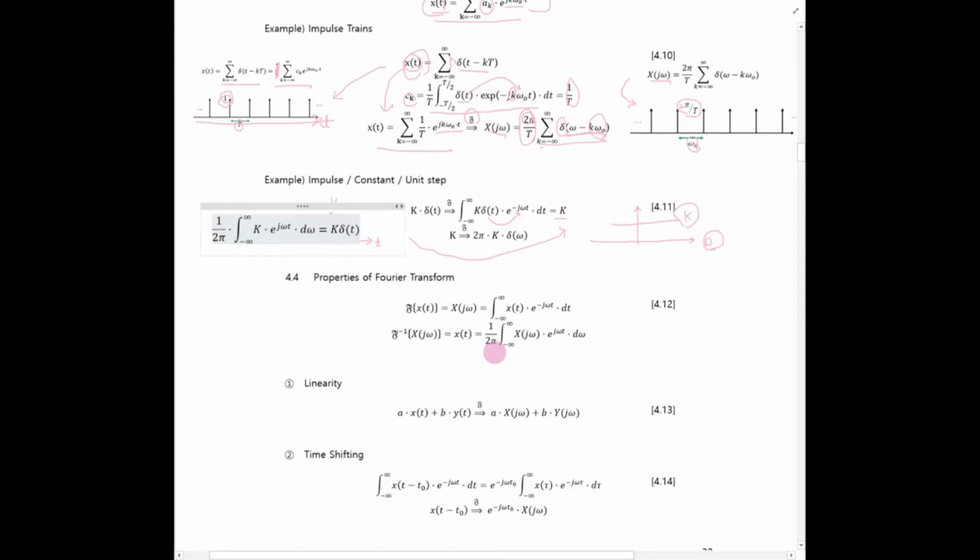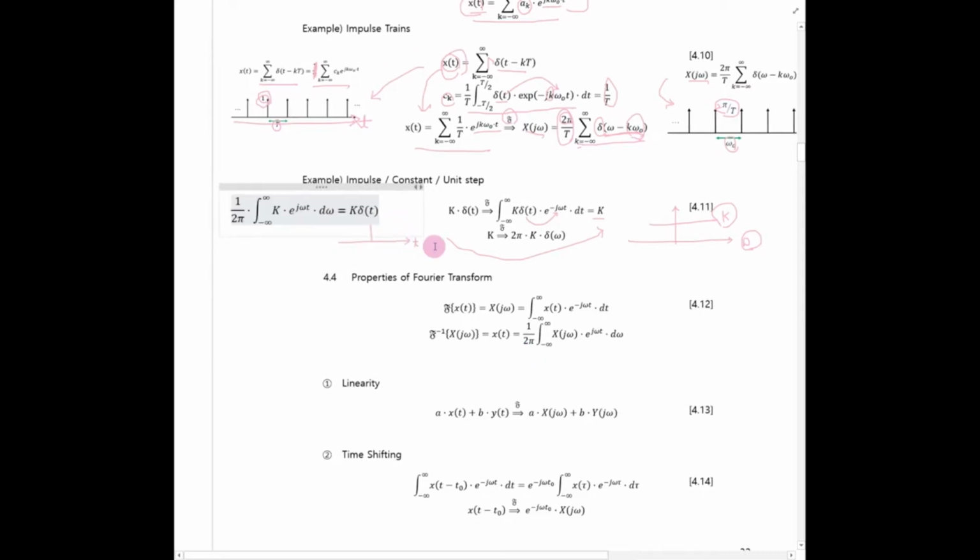Okay, by use of this inverse Fourier transform we can prove that the integral from minus infinity to infinity of e to the j omega t d omega equals 2 pi times delta of t.